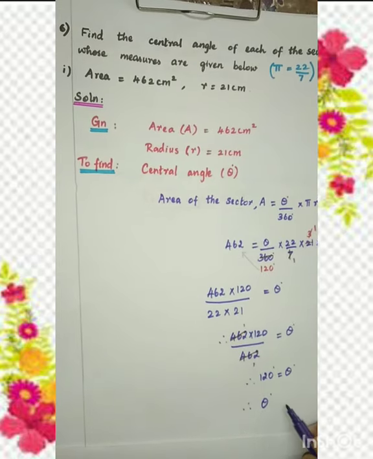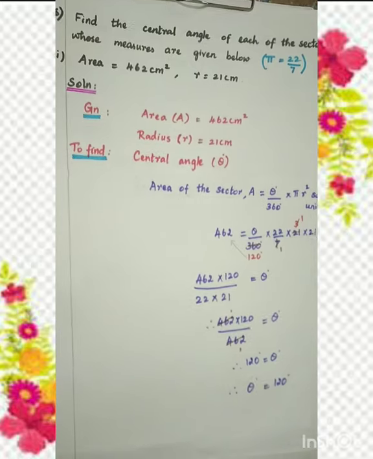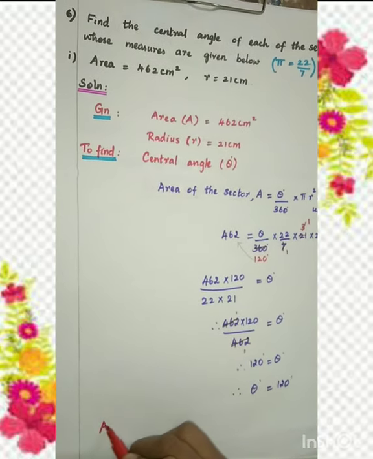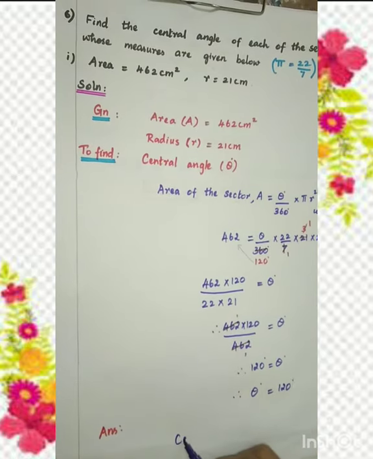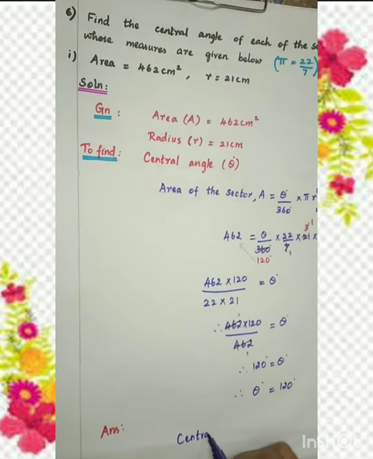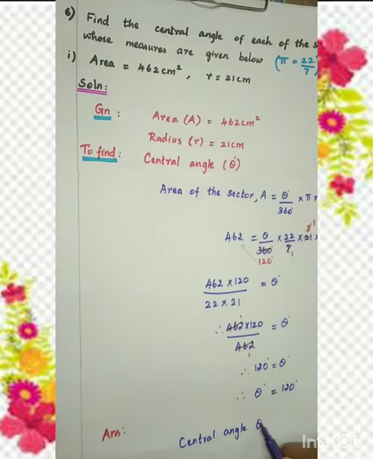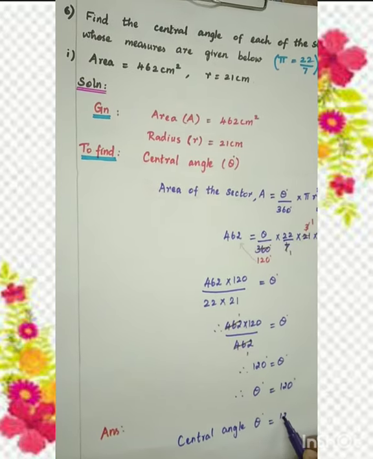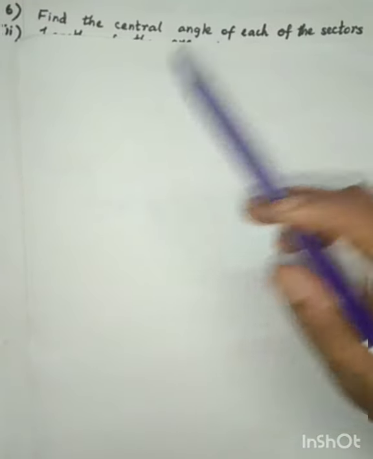Therefore central angle theta is 120 degree. Answer: central angle theta is 120 degree.